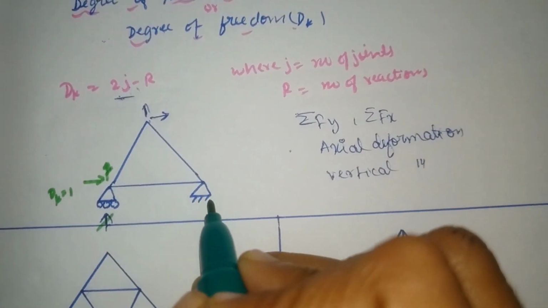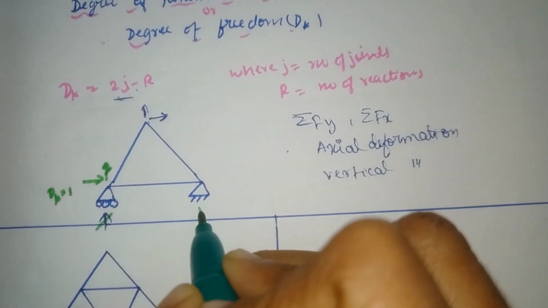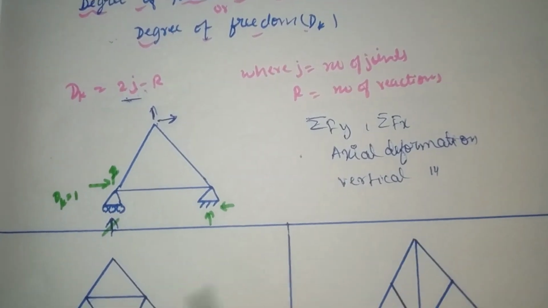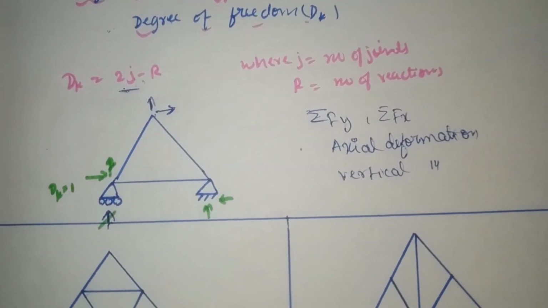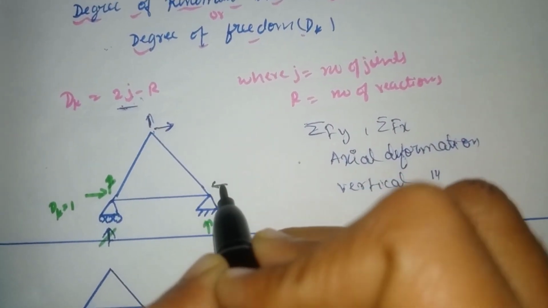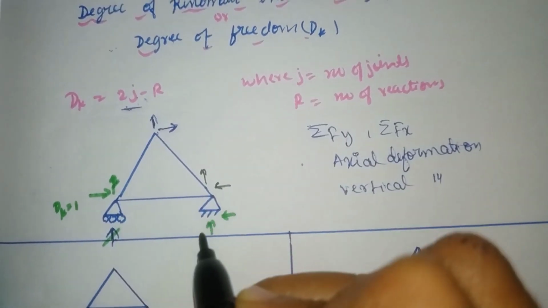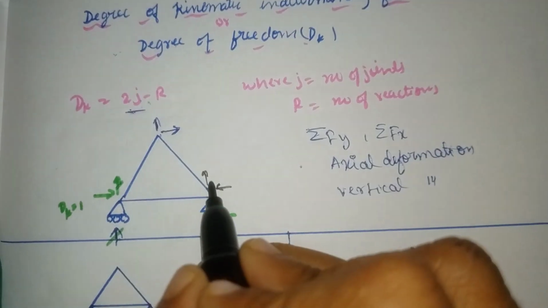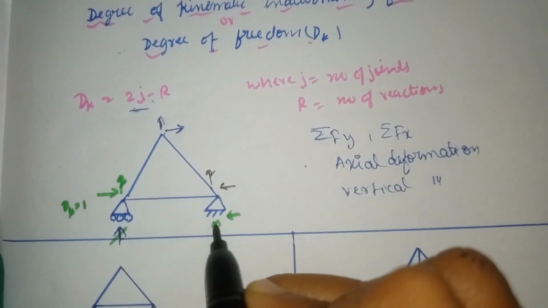So here at the hinge, how many reactions are there? One is vertical, another is a horizontal reaction. At this joint, the deformation is one horizontal and one vertical. Here also a vertical reaction and a vertical deformation are there, and both will get cancelled with each other.